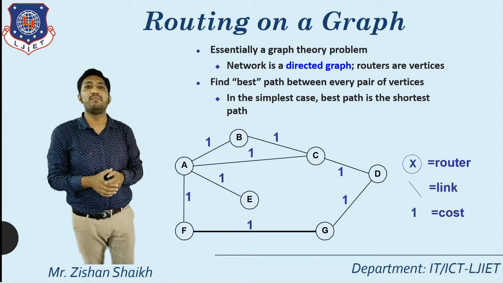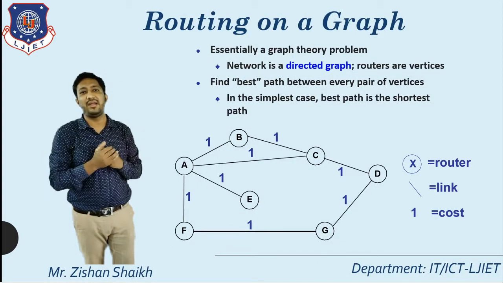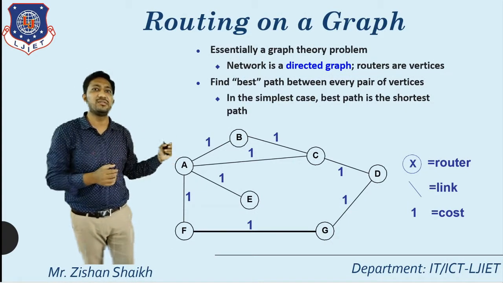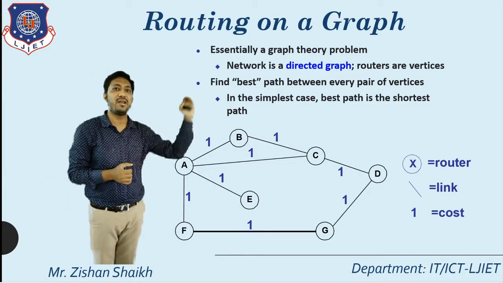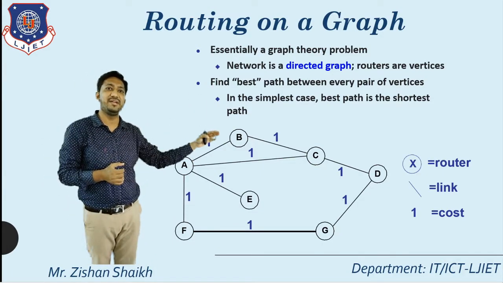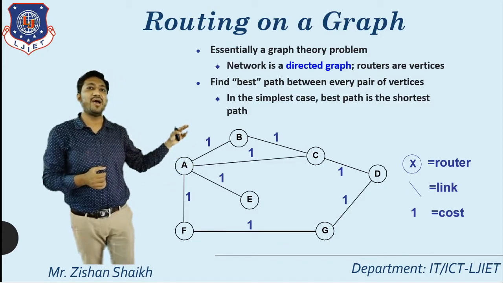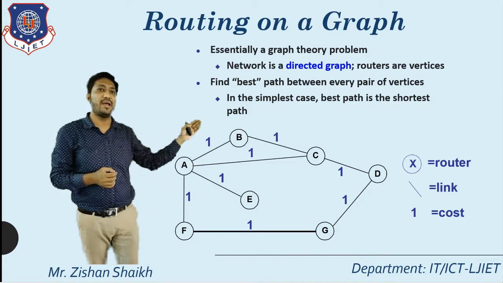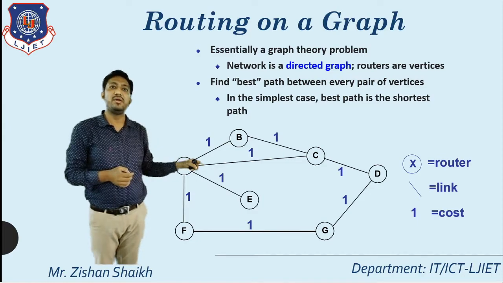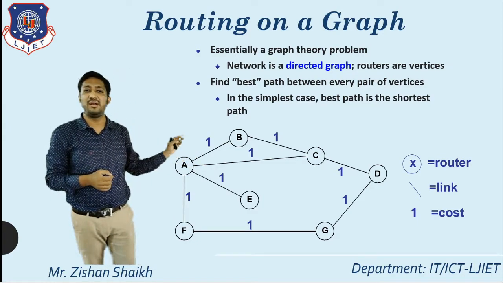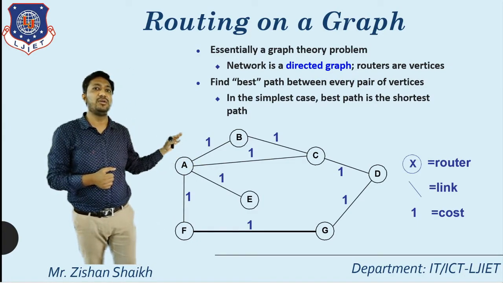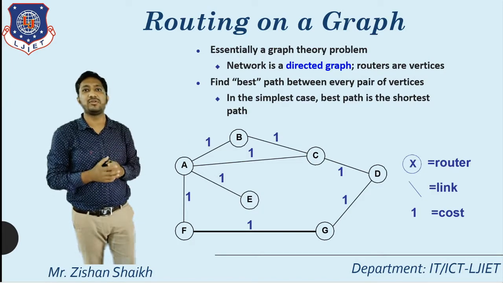Now we move to this directed graph. The nodes A, B, C, D, shown in circles, are identified as routers. The line is known as a link, and the number is considered the cost.